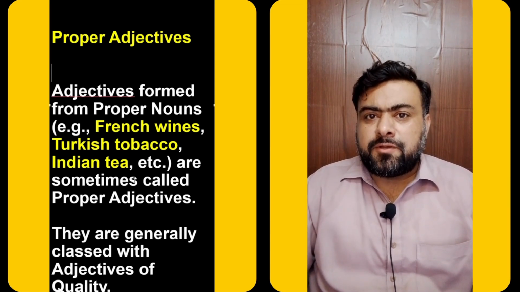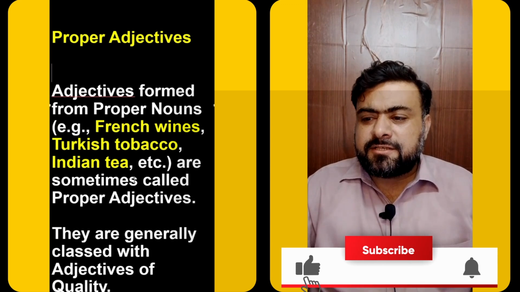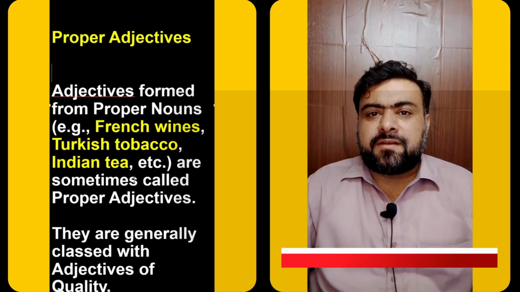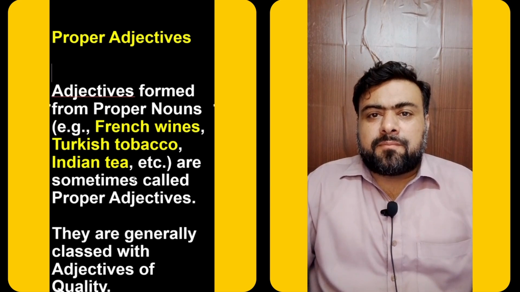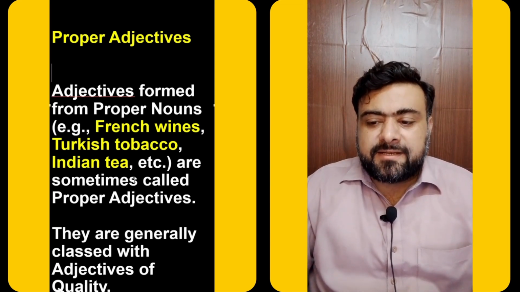And French has been used as an adjective, but French comes from the proper noun France. French, France. Similarly, Turkish tobacco, Indian tea. So those adjectives that have been formed from proper nouns, proper names are called proper adjectives.